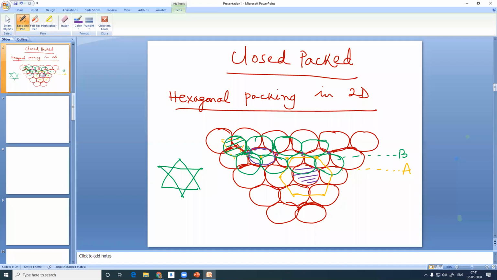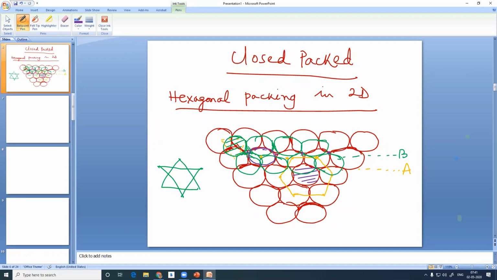Because this hole is a tetrahedral hole. This hole is the groove created by only three spheres packed in the second layer, forming an equilateral triangle. And the space, just the groove, is called the tetrahedral hole.